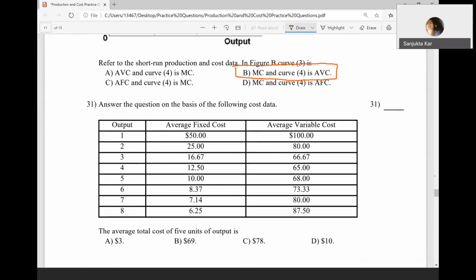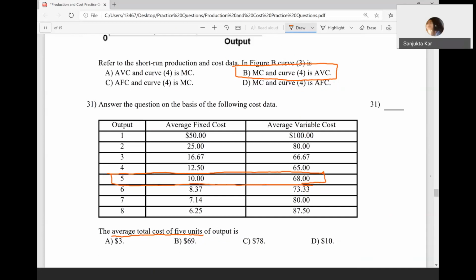Question 31, right now we are a pro in solving these questions. They're asking us to find the average total cost of 5 units of output. Can you highlight what we need? The average total cost of the fifth unit of output.